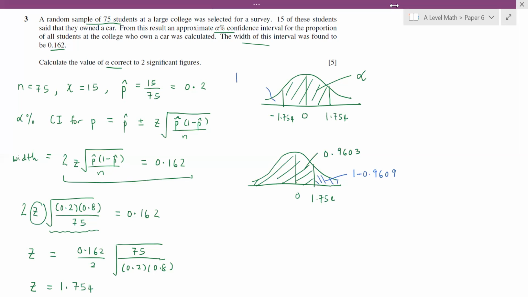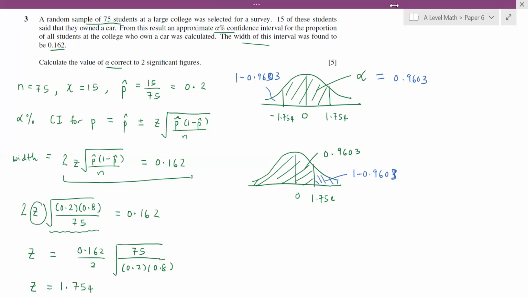So this region has an area of 1 minus 0.9603. And to find alpha, the value of alpha is 0.9603, which is the whole left tail region to the left of 1.754.